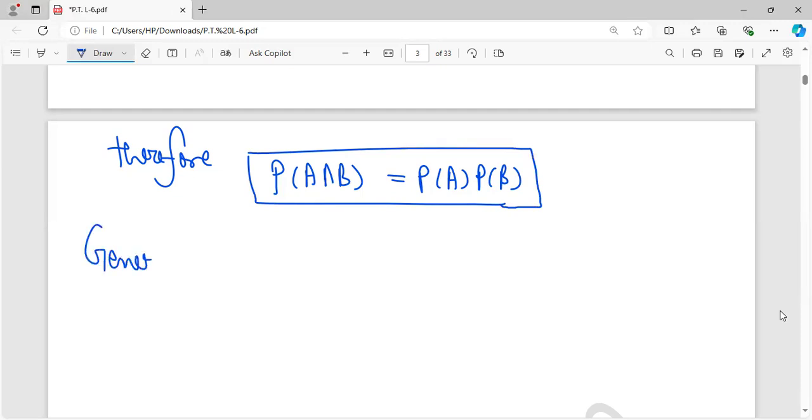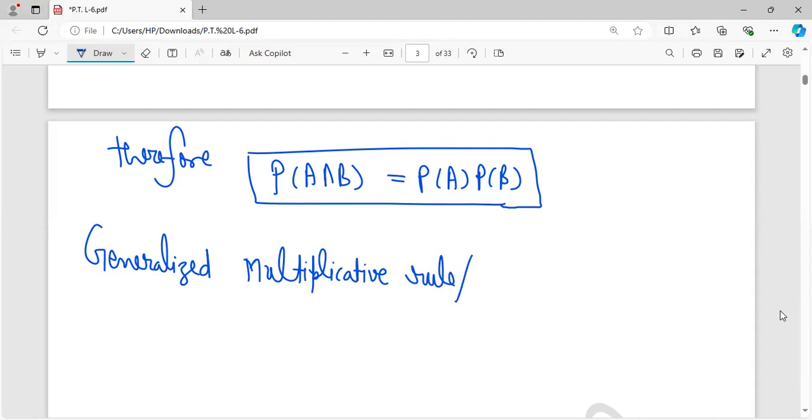Now, the generalized multiplicative rule, one can say law, or product rule slash law. What is this?